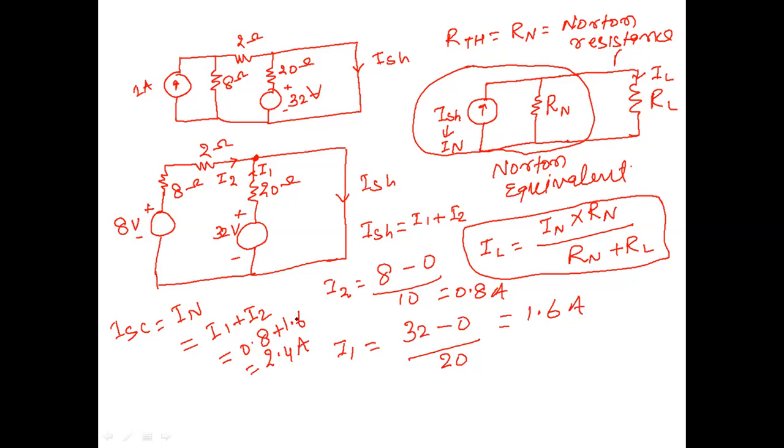So this value of current is now calculated using the Norton theorem. ISC is 2.4 ampere. So our Norton equivalent circuit will be like this.